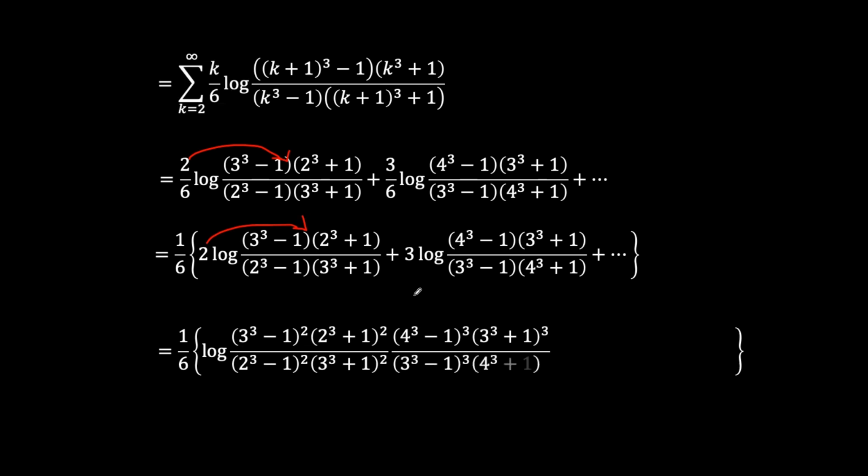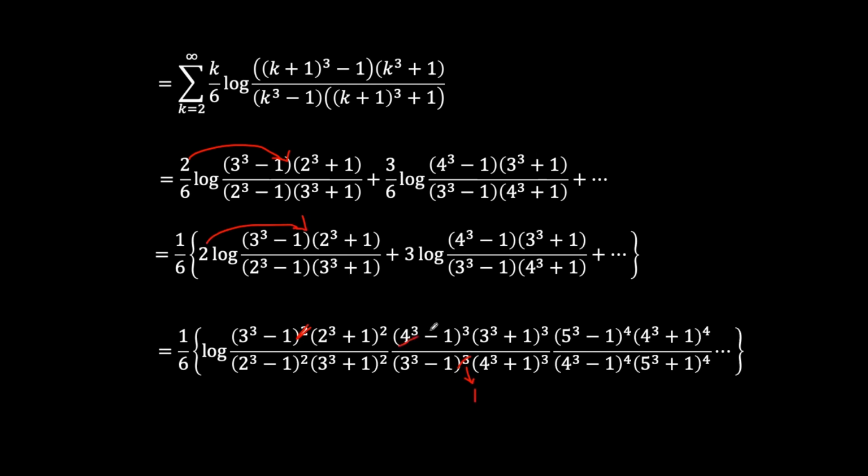But what we know is that when we have this summation of the log function, that's the same as the multiplication of the terms that are within the log function. So by doing that, we can now just multiply everything together. And as you can see, these 2 here would cancel and leave this as 1.